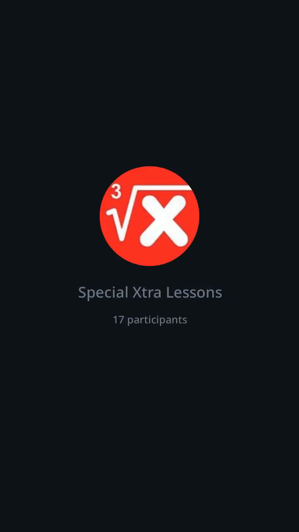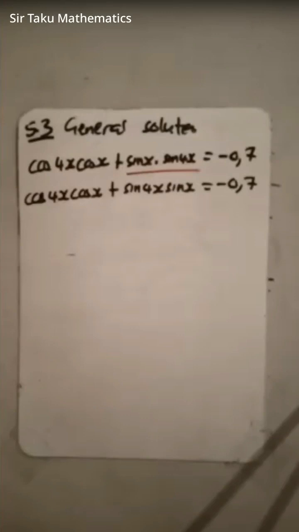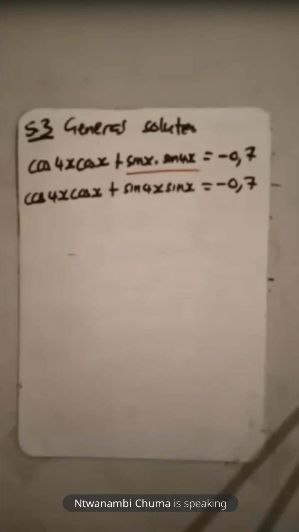Okay? This expansion, where does it come from, guys? Angles. From compound angle. And remember that we are having cocosine. Cocosine comes from cos. Secocos comes from sine.